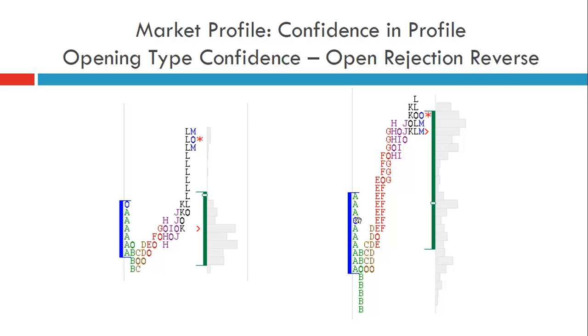Now look what happened here. The market opened, it auctioned higher, but again it came down, it closed at the lower end range, then the B interval formed. At this stage we can suspect that open drive is in place, but look what happened.